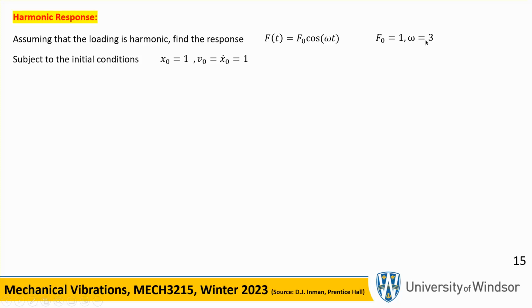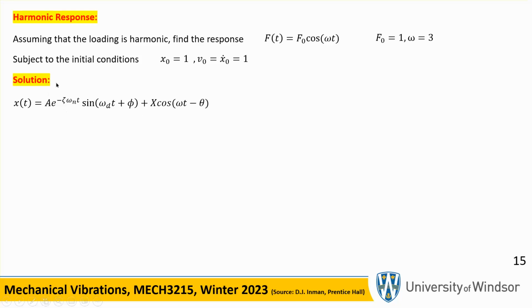Now, I just want to point out that natural frequency came out to be 1. So this is not a resonance case. So there is a value of R involved here, R equals omega over omega n, which is 3, by the way. So for a problem that you have a harmonic load on the right-hand side, there is a steady state solution, and of course there is the solution to the homogeneous equation because of the initial condition.